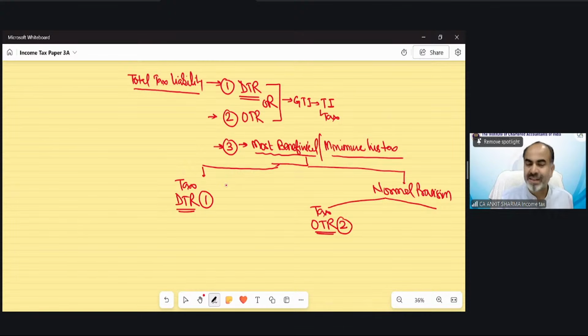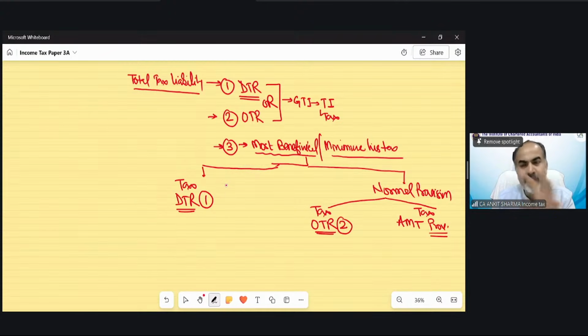So there would be a tax calculation as per the default tax regime. Then we need to calculate tax under the normal provision, so there would be a calculation of tax under the optional tax regime, as well as you need to calculate tax as per the AMT provision also. Now, what is this AMT? How to calculate tax? Why is AMT, etc.? I will answer all these questions when we go through this topic under this chapter.